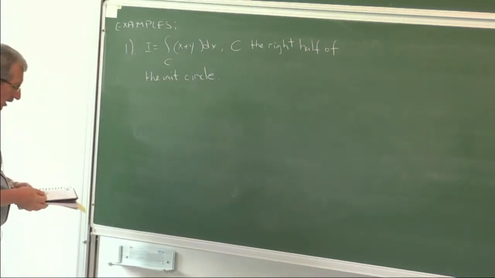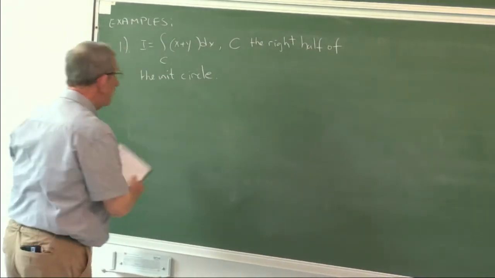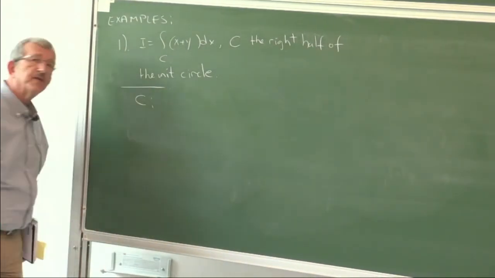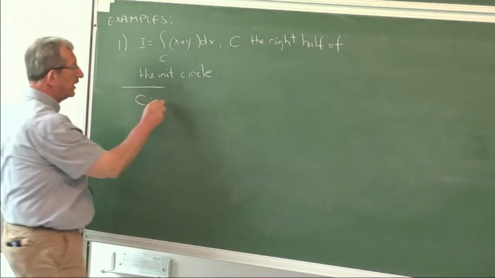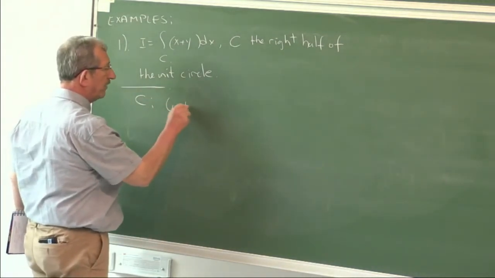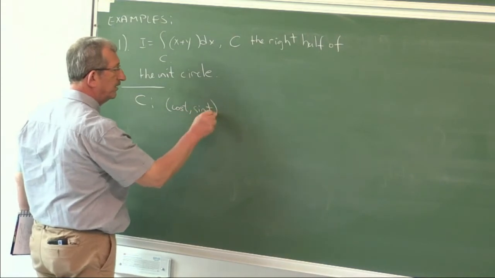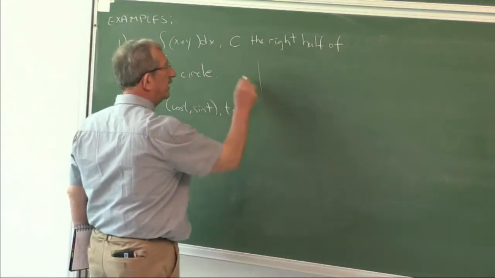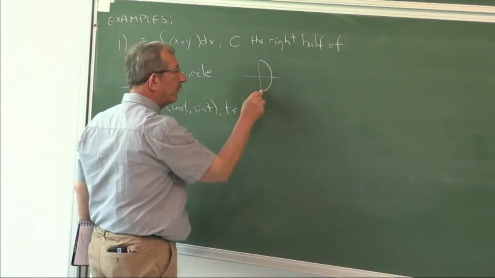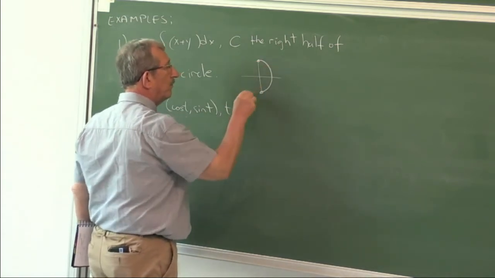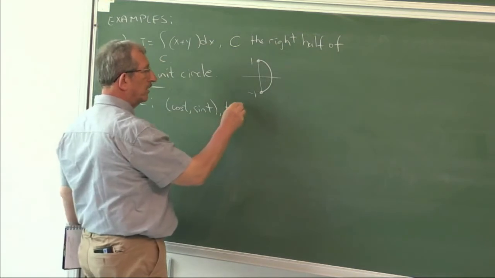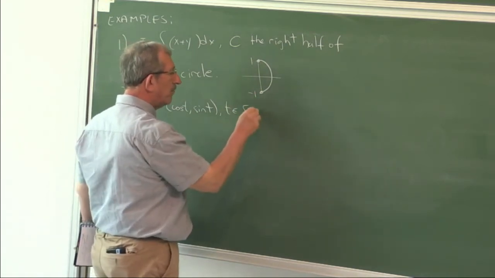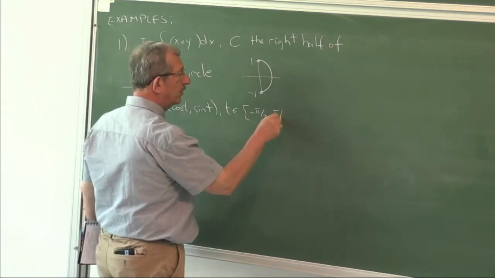Well, let us just start with some parameterizations. For example, let us have (cosine t, sine t), this being the right half of the unit circle. t can change, being the angle, from minus pi over 2 to pi over 2.